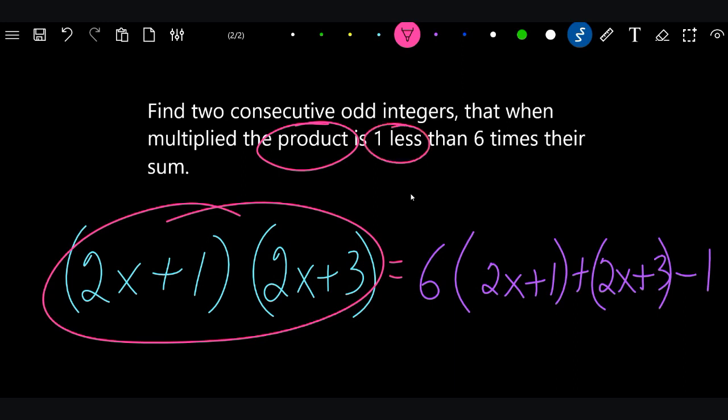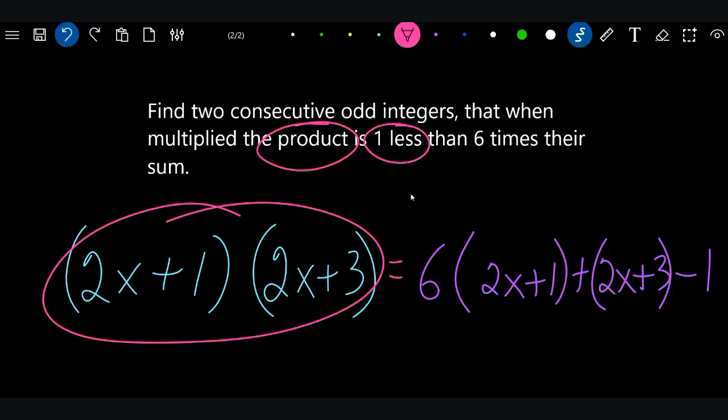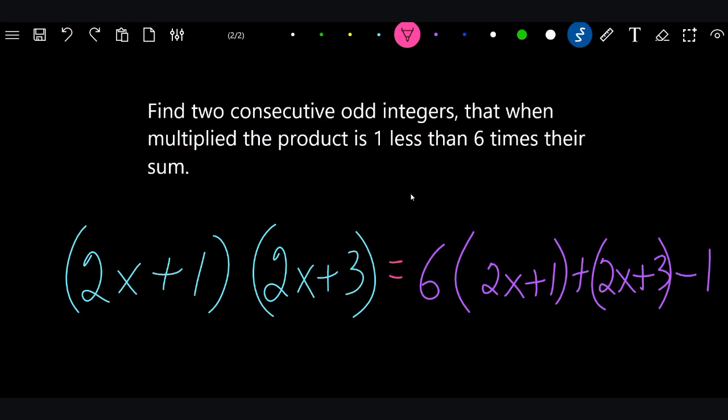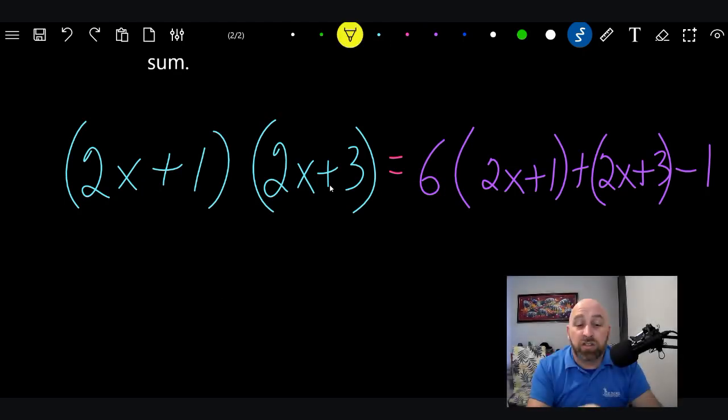And then here, there's the 1 less than. And then this is the 6 times. And this is the sum. This is where we added them together. So I just tried to put all that in order. The only thing that you might not have known is this right here, the consecutive odd integer formula. So I gave you that. And probably on a quiz or a test I would give you that as well, but I'm not sure. Maybe not. So let's go ahead and solve this.